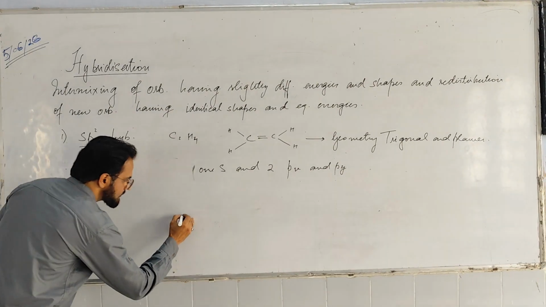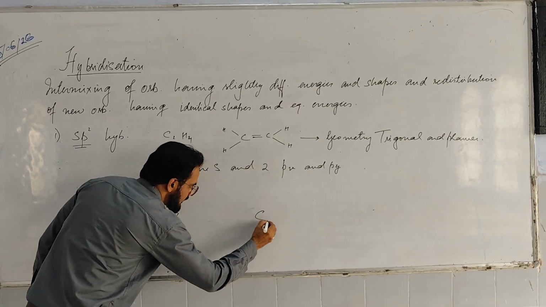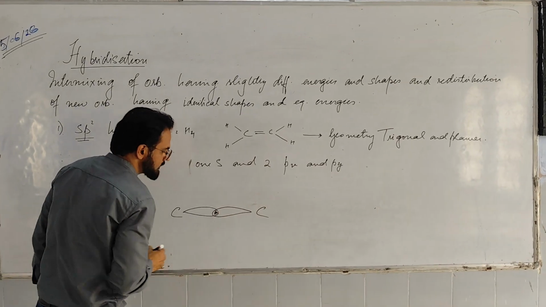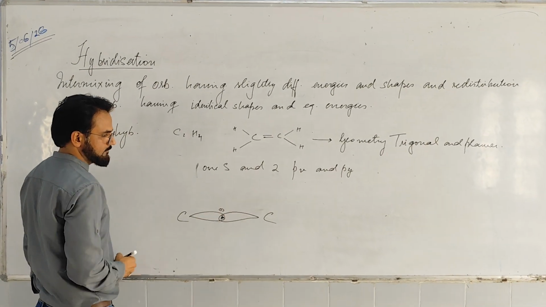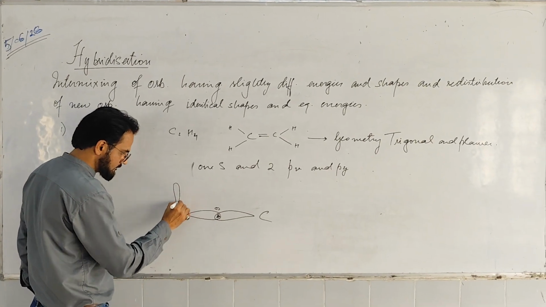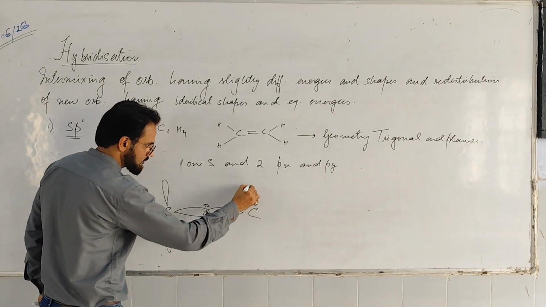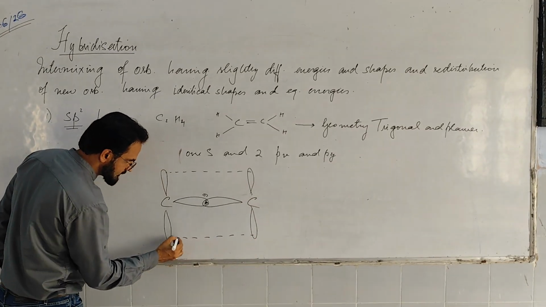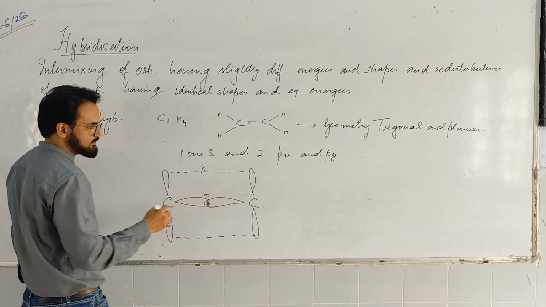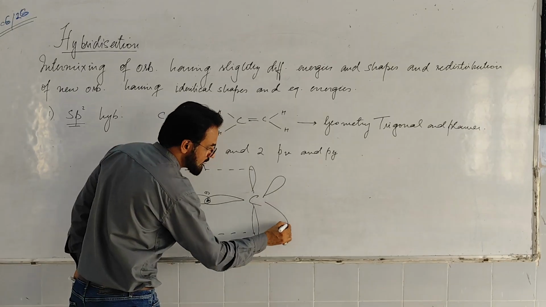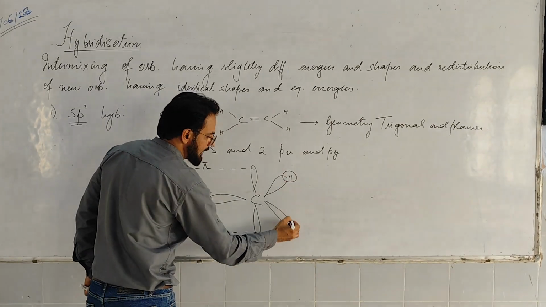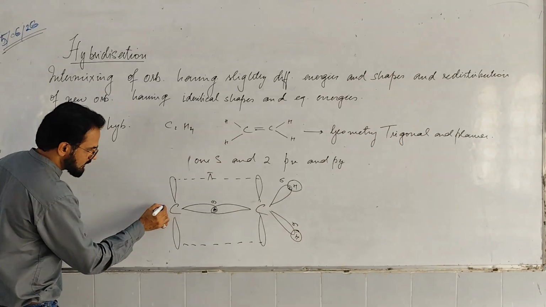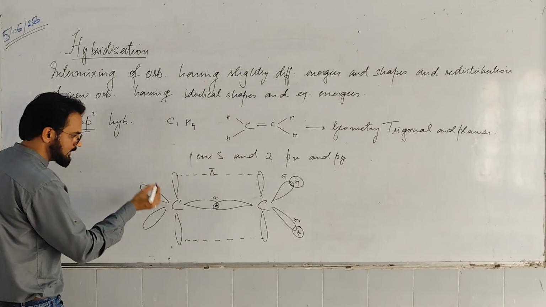In the structure, one carbon atom's orbital overlaps with the other carbon atom's and forms a sigma bond, and the other orbitals overlapping side by side form a pi bond, and the other two hybrid orbitals overlapping with hydrogen s orbitals form sigma bonds, same as the other carbon atom.